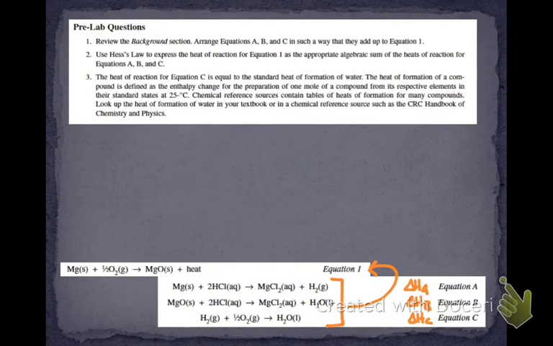If you multiply anything by a factor, you want to multiply the delta H by that factor as well. So work through that, see what you come up with for number 1.